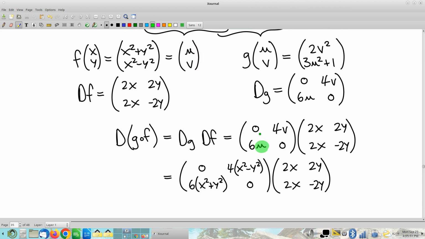And what am I going to do with that u right there? Well, the composition is a function of x and y. I need to figure out how to get rid of this u. I need to rewrite u in terms of x and y.